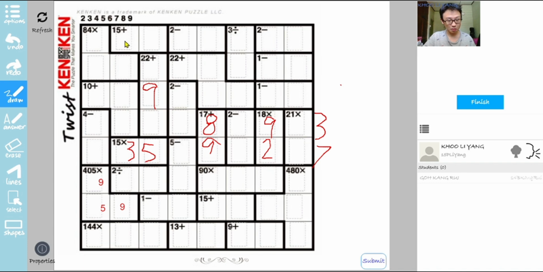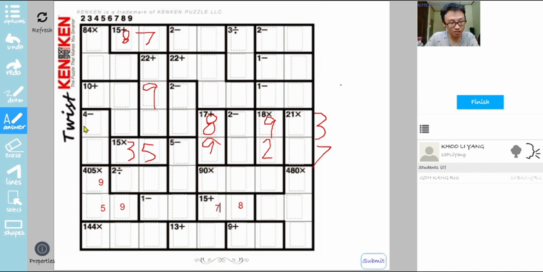So the only possibility is 8 plus 7. Since 8 is already here, 8 is here whereas 7 is here.